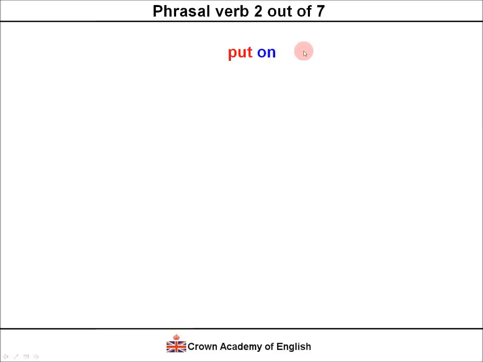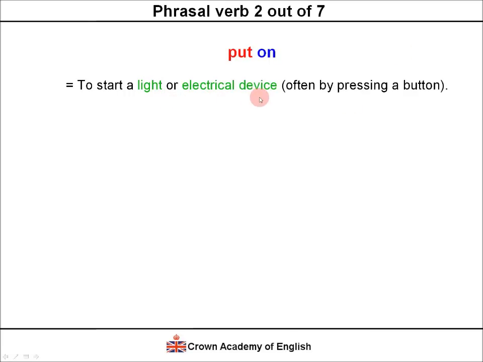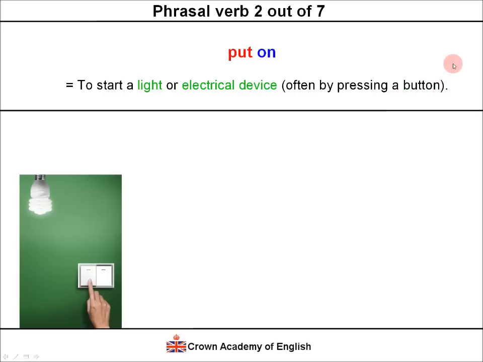Example 2. Put on. And we have already seen this example. So this means to start a light or an electrical device. And it's often by pressing a button, the on button. So please put on the light.